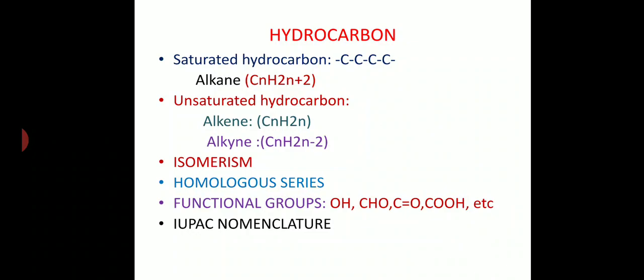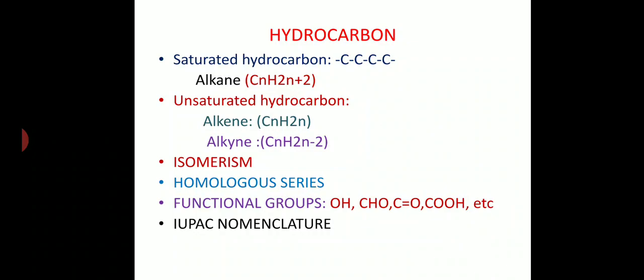Right. So under structural, what do you mean by structural isomerism? Two or more compounds having the same molecular formula but different structures. Right. So example, n-butane, isobutane; in pentane, n-pentane, isopentane, neopentane. So this and all you have learnt.